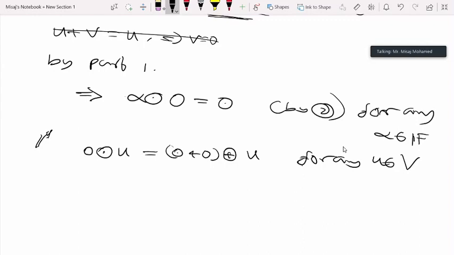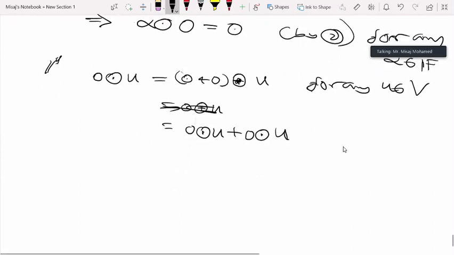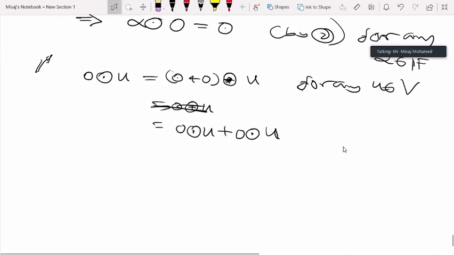For any u in V, we can separate this one to u. Here I am taking the dot of scalar 0 with the vector u, u plus u.